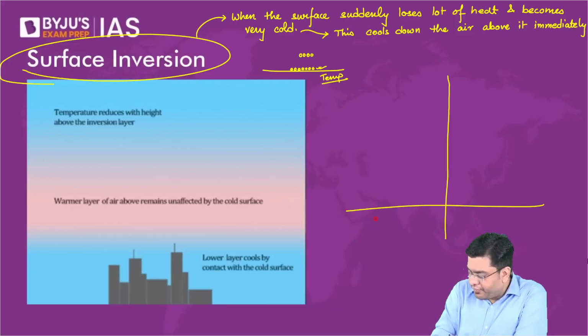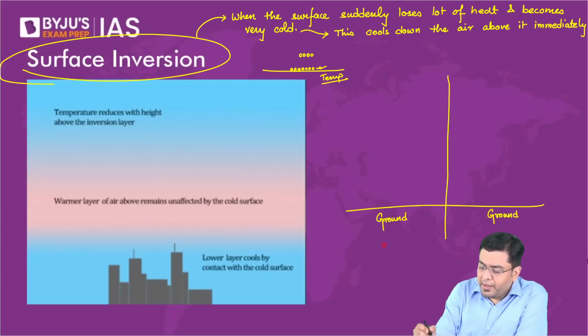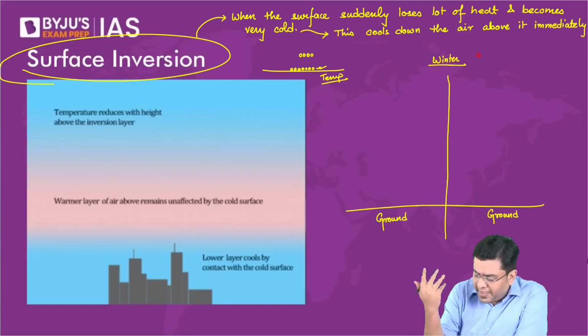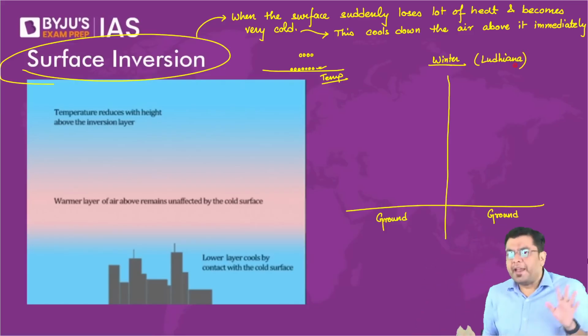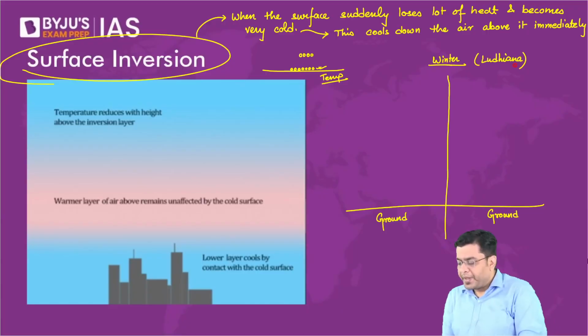Let us consider the ground surface, and that is during the winter. Now, let's consider a place. Let's suppose we consider a region such as Ludhiana or Chandigarh, Ambala, or Delhi, any place where you actually experience the winter.